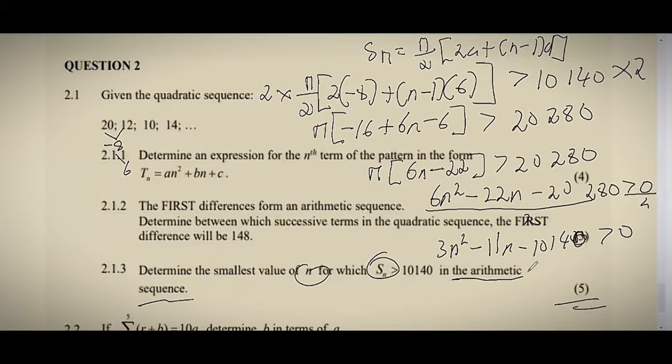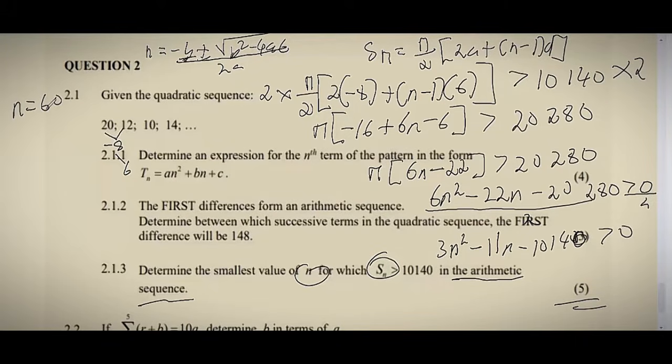Okay, now at this point, we can use our quadratic formula instead of factorizing because this is a very big number. So let's just go ahead and use our quadratic formula, all over 2a. So I'll just punch it in my calculator. I'm getting my values as n is equals to 60.